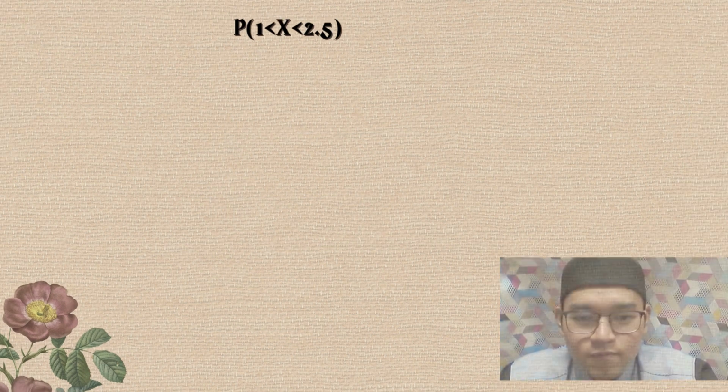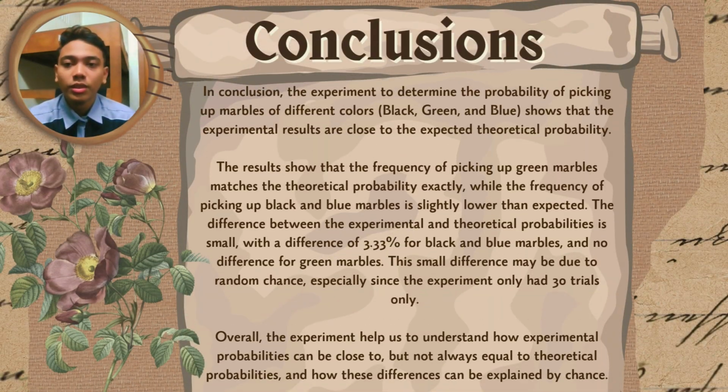So, for conclusion, the experiment to determine the probability of picking up marbles of different colors, which are black, green, and blue, shows that the experimental results are close to the expected theoretical probability.